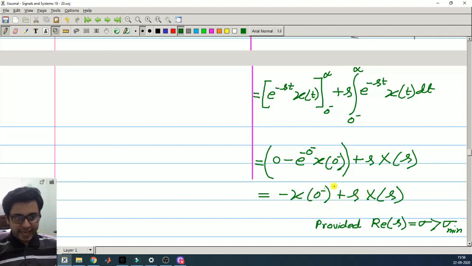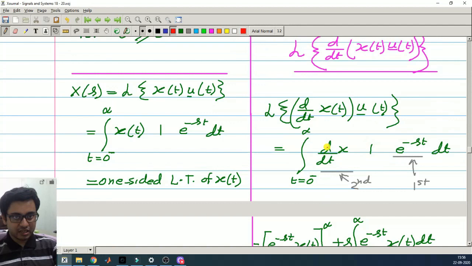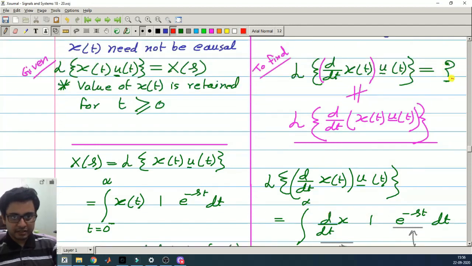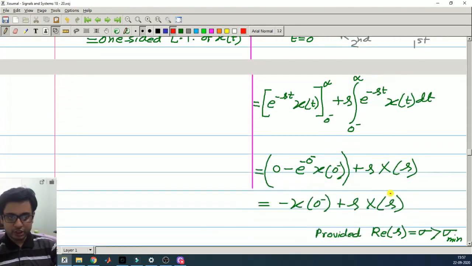So this is the answer. Let me put this answer here. This is equal to s capital XS minus x 0 minus. Okay, that is what we got here.